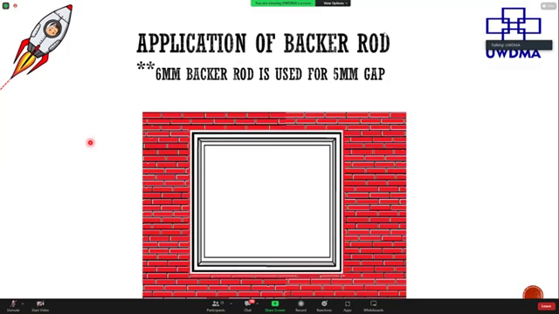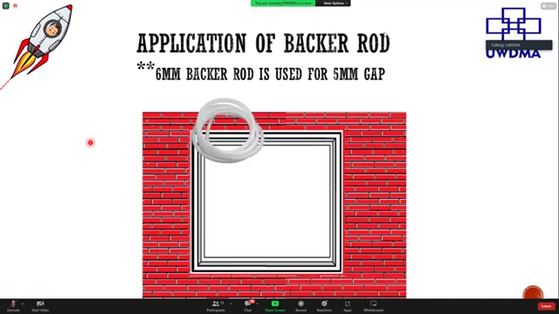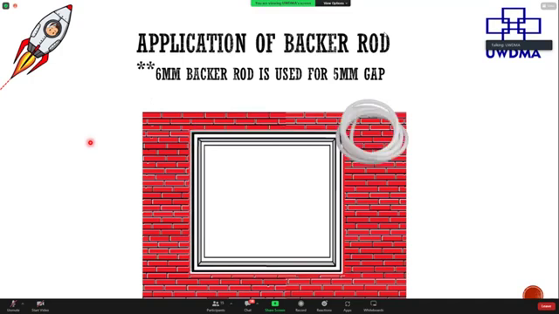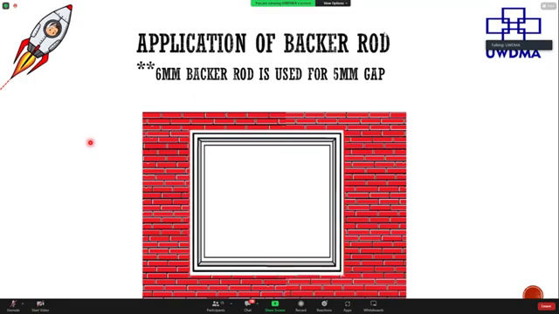And secondly, the gap between the wall and the window is being sealed properly. There is this foam type material in there, and it will stop the sound and the air flow from coming. So it will give you better insulation, and the quantity of silicone you're using reduces.